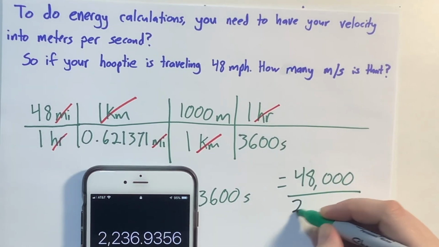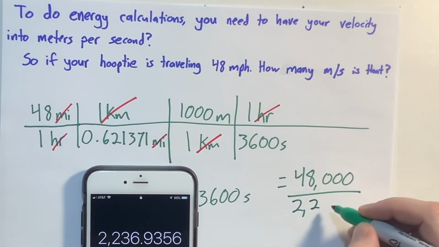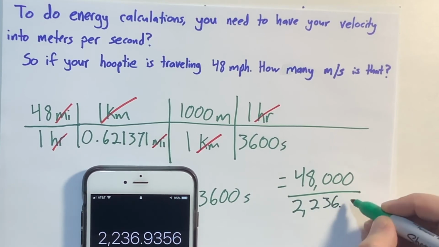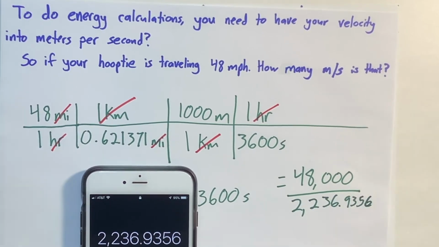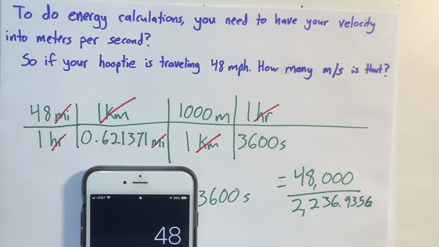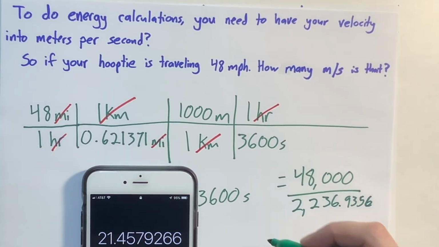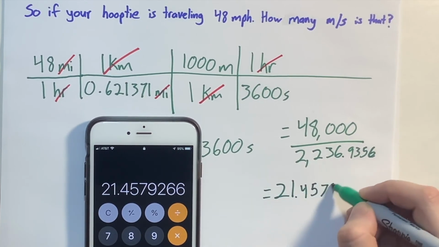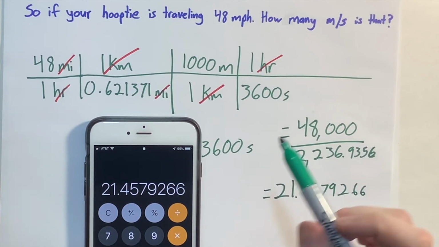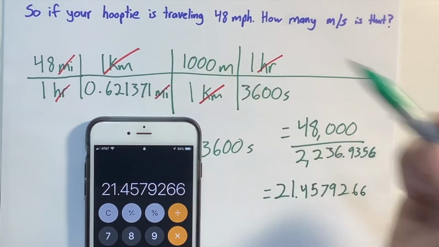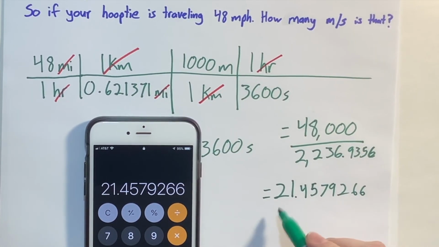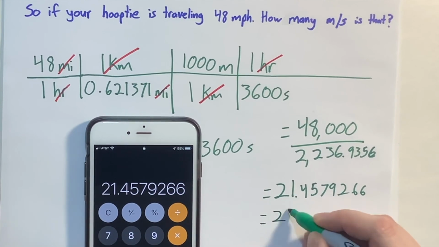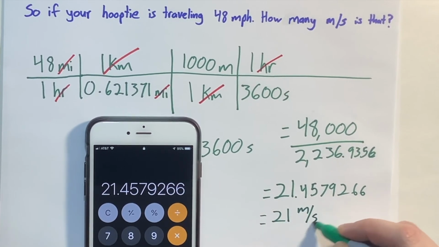So then I get 2,236. And I divide those. And I get 21.4. Or remember significant digits. So I have 48 miles per hour, so my final answer should have 2 significant digits. So my final answer is going to be 21 meters per second.